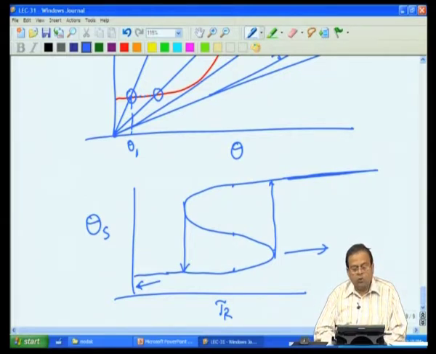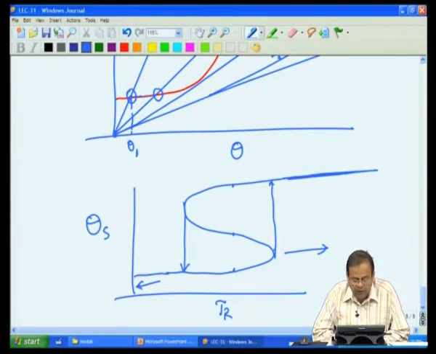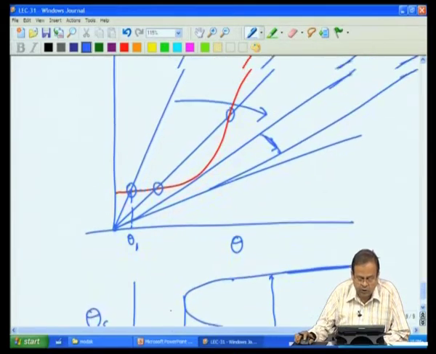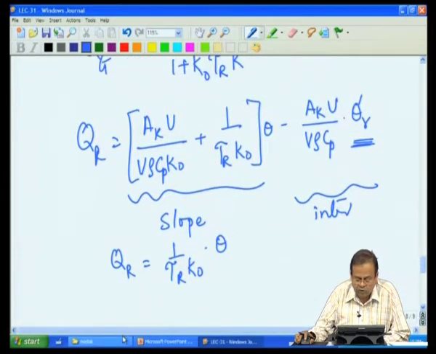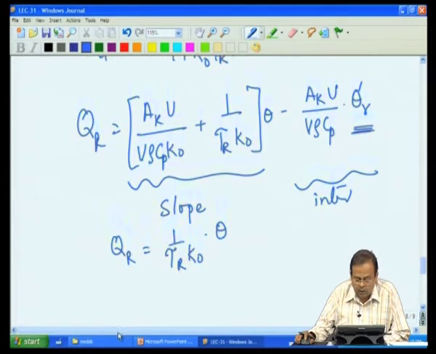So, what this implies, this is for an adiabatic reactor, and one can argue a similar behavior when we have even heat transfer, that is coolant flow rate or heat transfer area or heat transfer coefficient and so on.